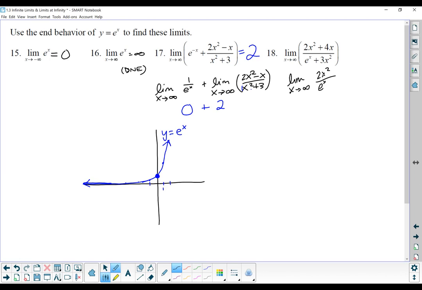So now what we have to think about is which of these terms is going to grow faster, which one is going to get big sooner. And that's kind of a weird question to think about because, if we put a large number in here, this top is going to be a big number, but the exponential is so much bigger that it's going to actually approach 0 because the bottom wins.